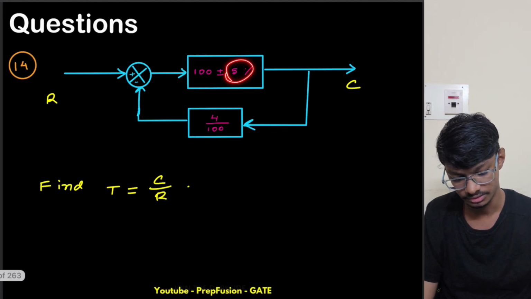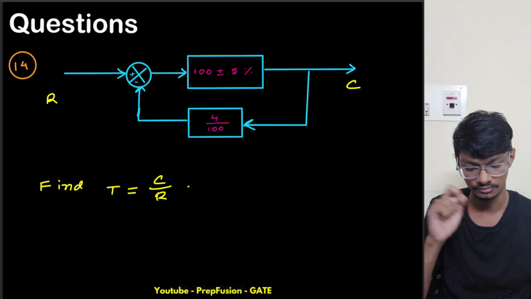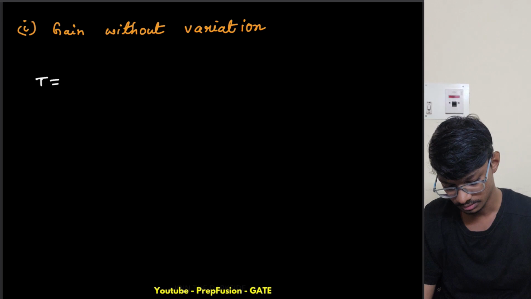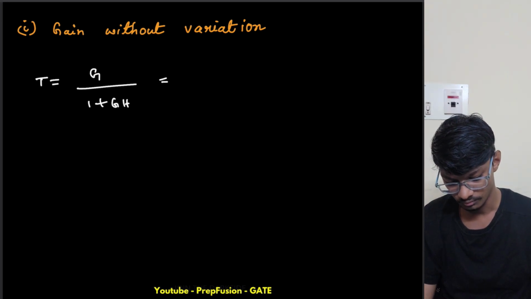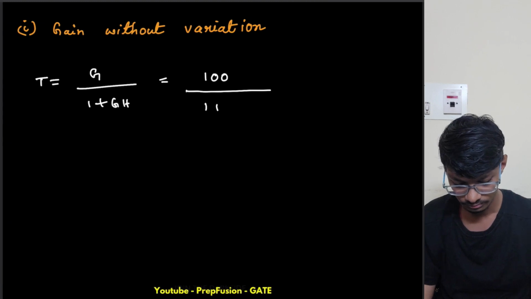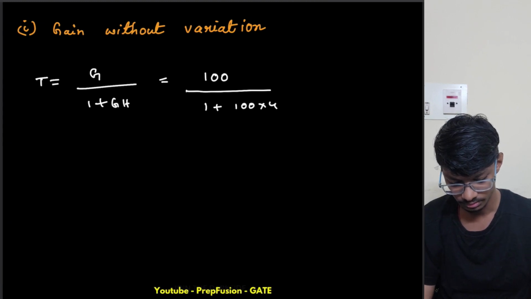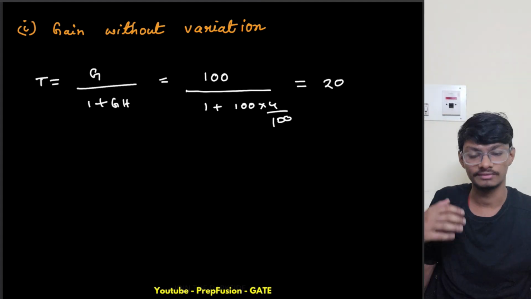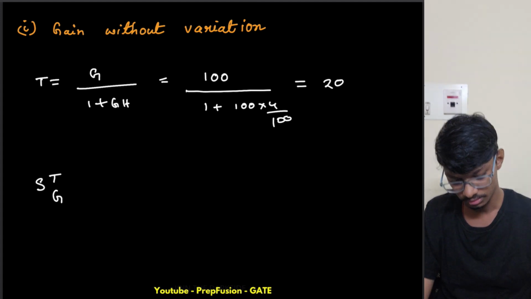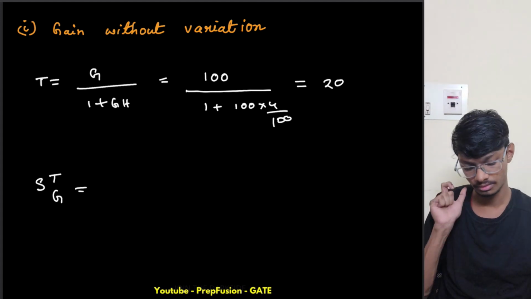There is no variation, so this is 0, so it is G upon 1 plus GH for a negative feedback system. Let me write this: G upon 1 plus GH, which is 100 by 5, 400 by 20. So the value of the transfer function is 20. Now let us find the sensitivity of the transfer function with respect to the open loop gain.